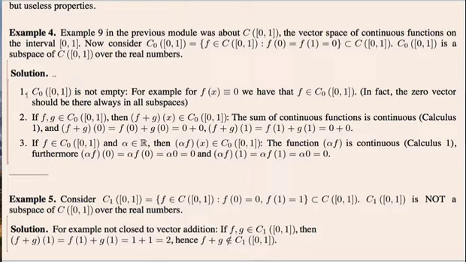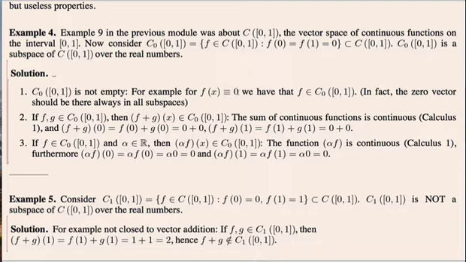First of all, to see that C0 is not empty, we have to find just one entry there. For example, the 0 function, the identically 0 function, is continuous. And we also have that this is in C0 because, of course, the function is 0 at the endpoints also, since it's 0 everywhere.